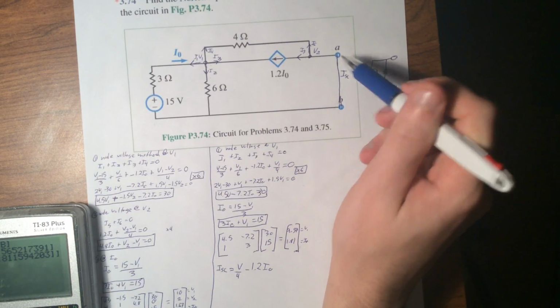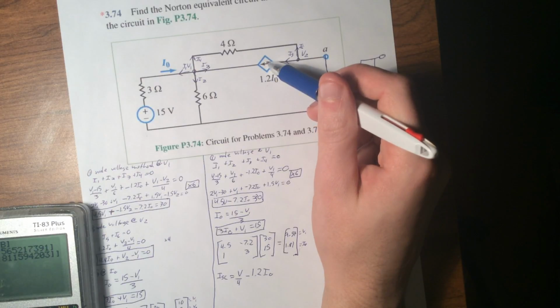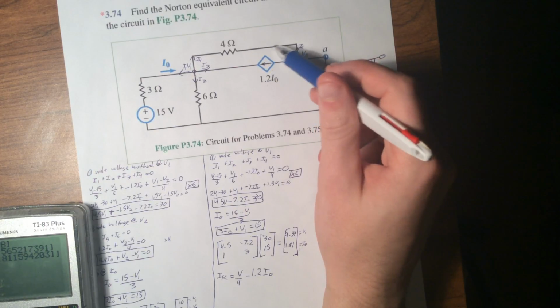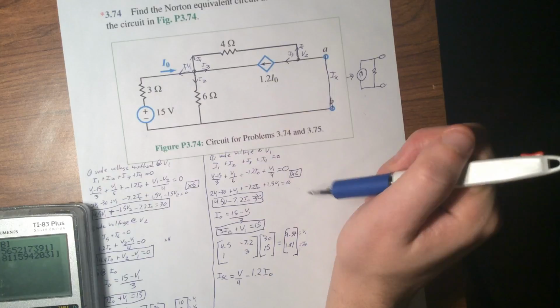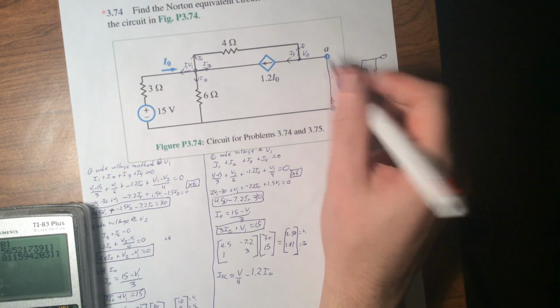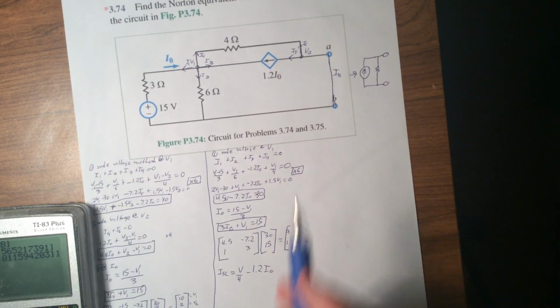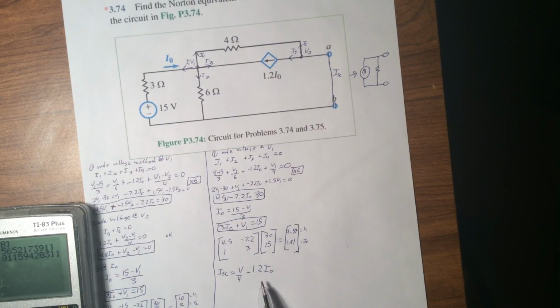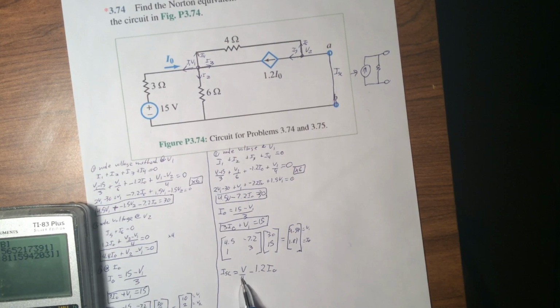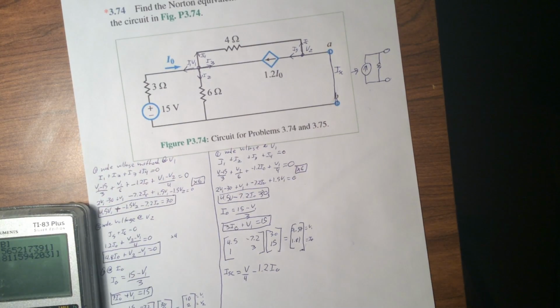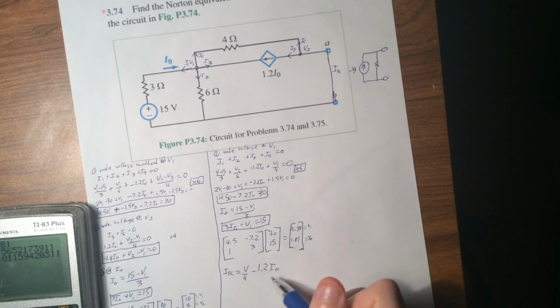So ISC equals this coming in this direction and this coming in the reverse direction. So this is down, this is in, and this is out. Now we can solve for this using the value that we just had before.